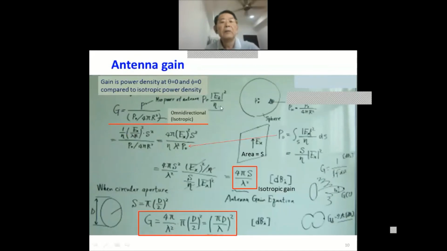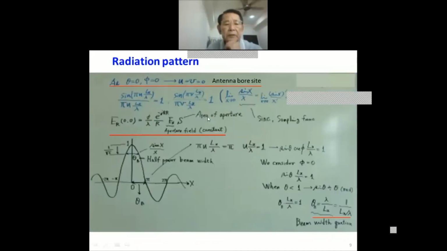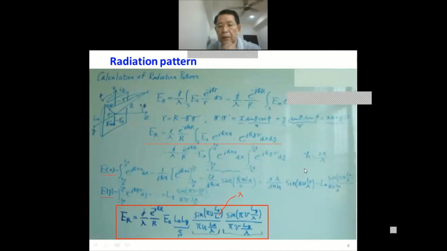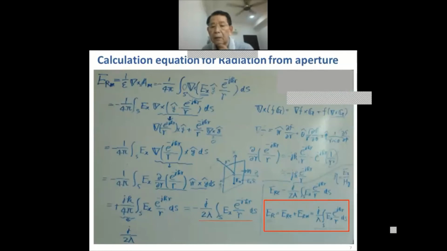So this power density is E R squared divided by the intrinsic impedance. Eta is the ratio of E x divided by H y. The ratio of E field and H field is a special value.